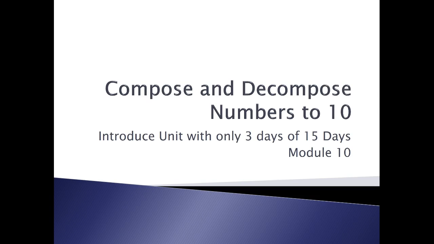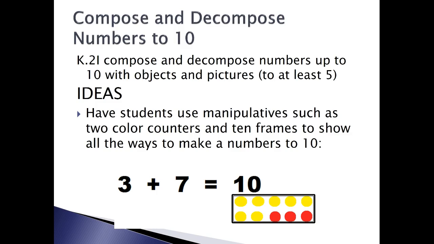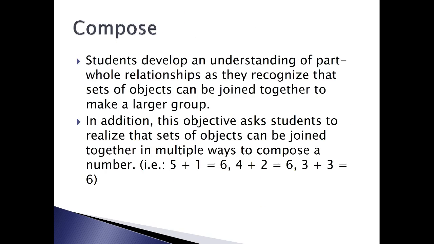Then after that, you're going to talk about composing and decomposing numbers to 10. And here's when the 10 frame really does come in handy that you could use with the kids. And have the kids try to make as many combinations of 10 as possible. Okay, when you compose, the students are developing an understanding of the part-whole relationships as they recognize that sets of objects can be joined together to make a larger group.